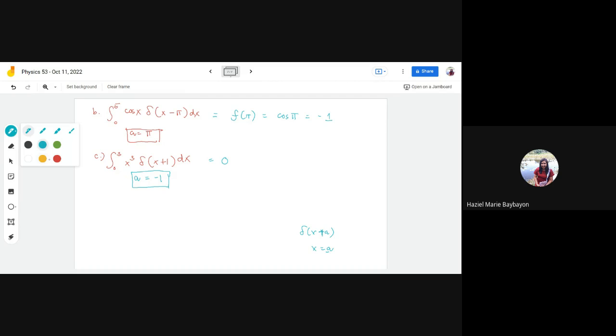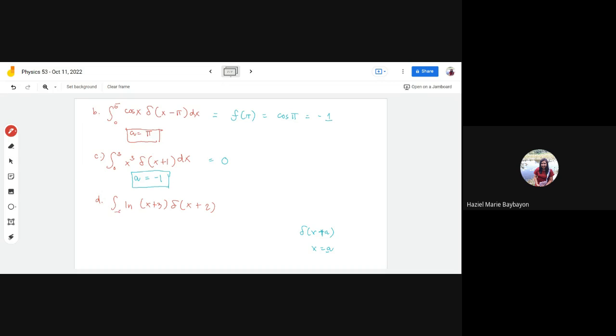All right. And then, last example. How about this one? So you have the integral of ln of x plus 3 and then multiplied by the Dirac delta function.